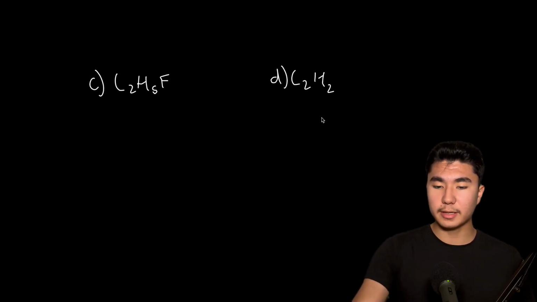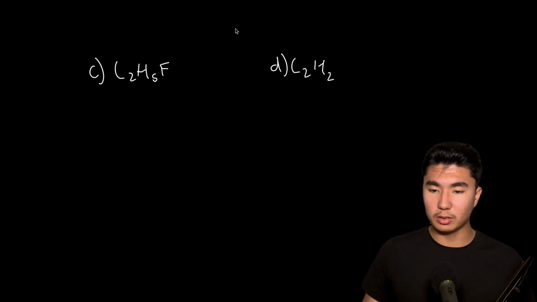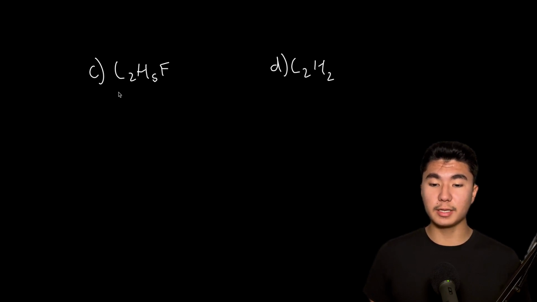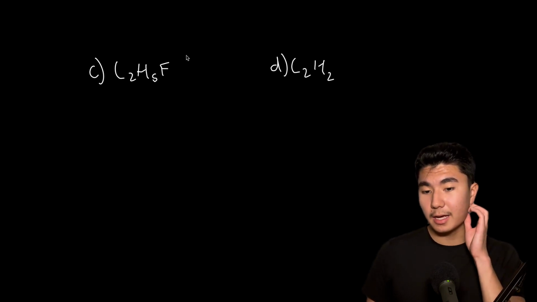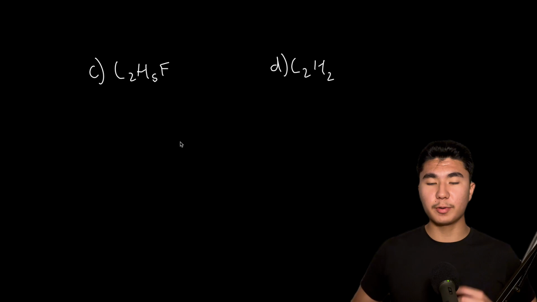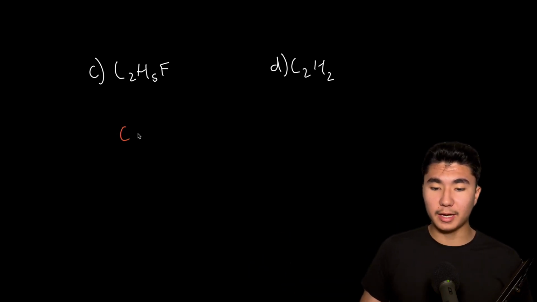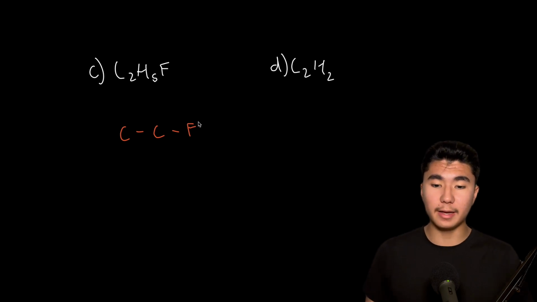Now let's look at these other molecules over here. So we have C2H5F. Now usually when we're looking at these molecules, that F over here, we're just going to interpret that as putting it towards the back. So what I mean by this is that we have 2 carbons, but we're putting that fluorine at the farthest end.